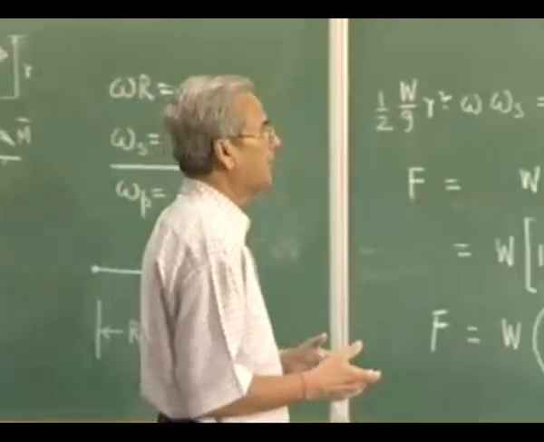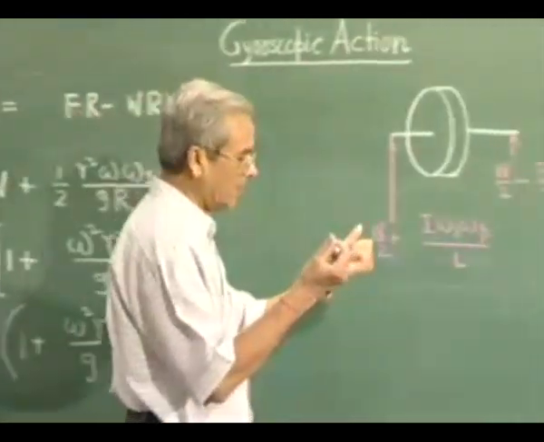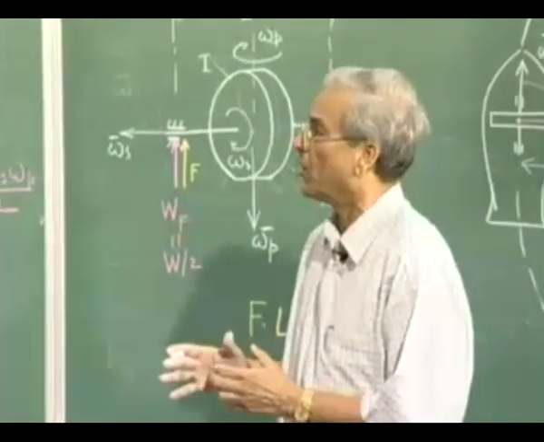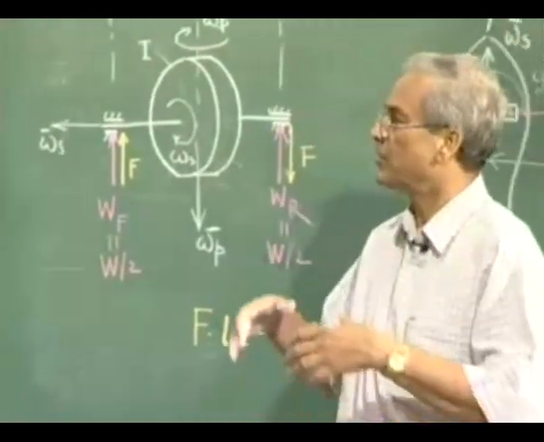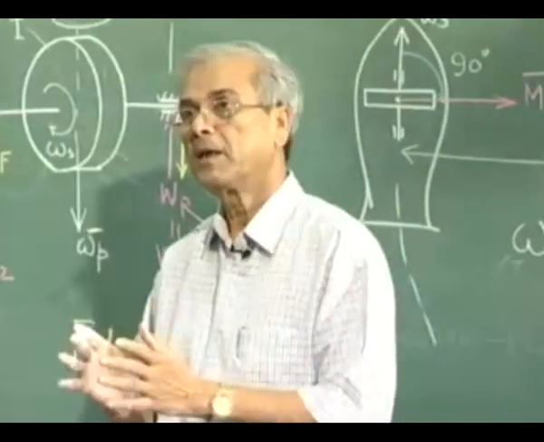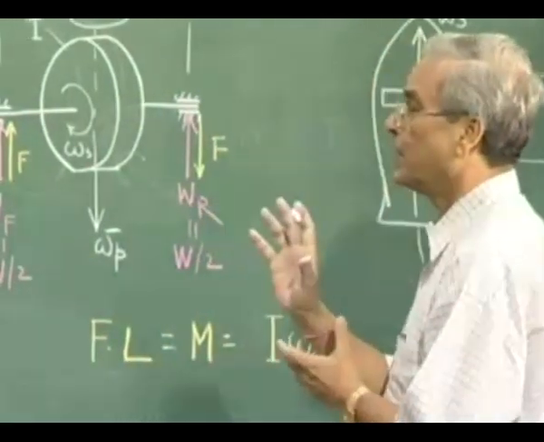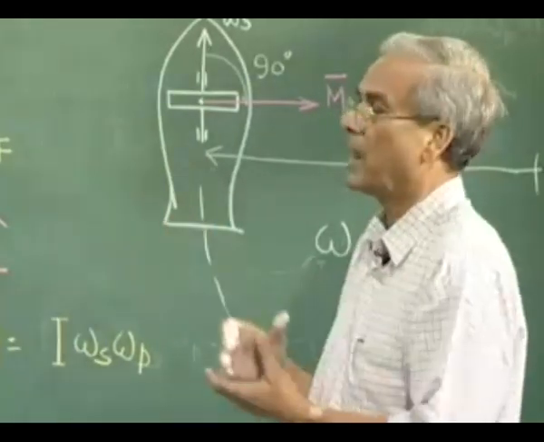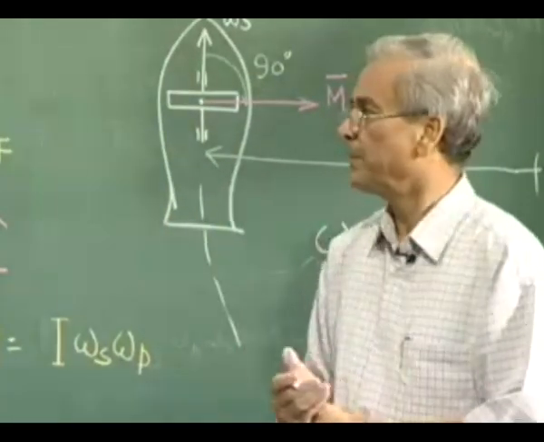So this kind of effect, that means the forces or bearing reactions or moments which get generated because of the gyroscopic action, must be taken into account, and whenever a rotating body's axis of rotation is changing, there the gyroscopic action will come into play.